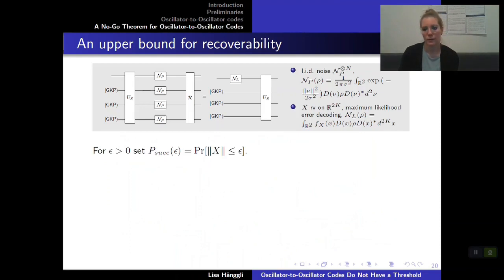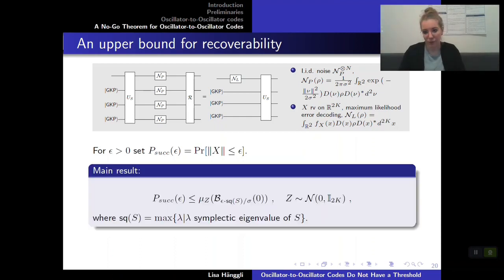And now for a fixed epsilon bigger than 0, we say that the decoding was successful if the resulting error lies in an epsilon ball around 0 in R^2k.